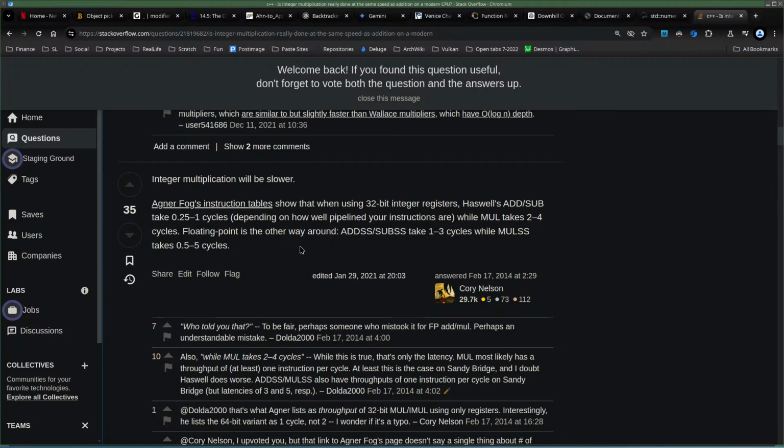Yeah. So somewhere between a quarter and 5 cycles. Well, now I know what is fastest.